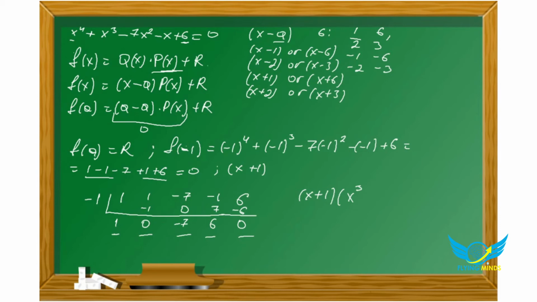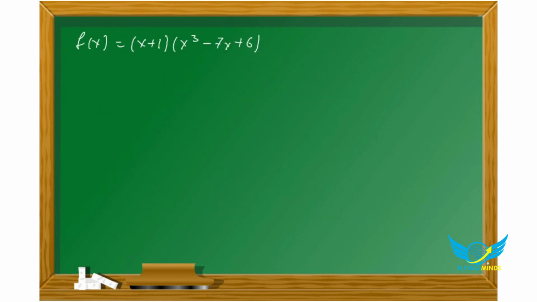The second coefficient is 0, so we don't have the next term with x squared. Then we have negative 7x plus 6. So f(x) equals this. Next step: we need to factor x cubed minus 7x plus 6.